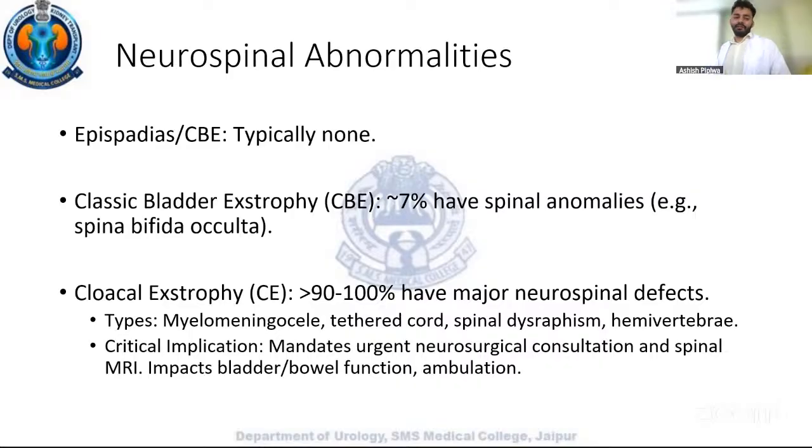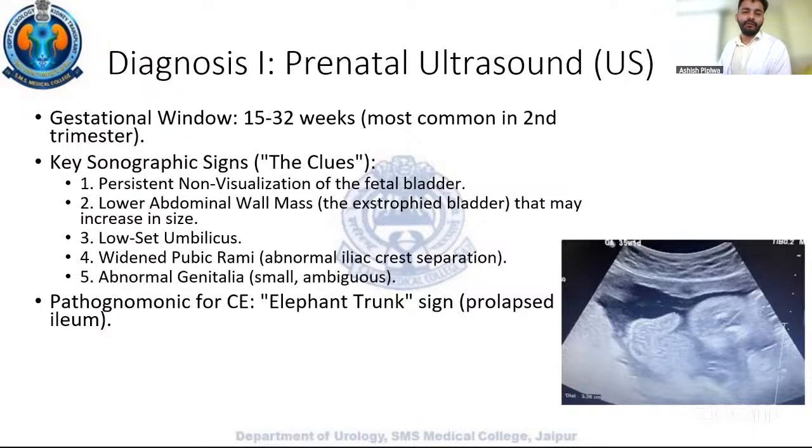The implication of this is that we have to do a neurosurgical consultation, and we have to treat each defect accordingly, because it also impacts bladder and bowel function and ambulation.